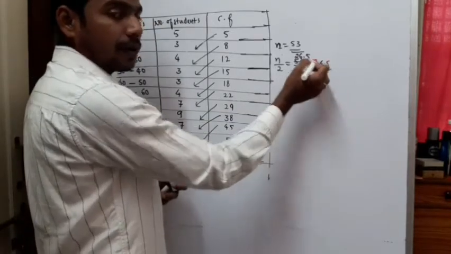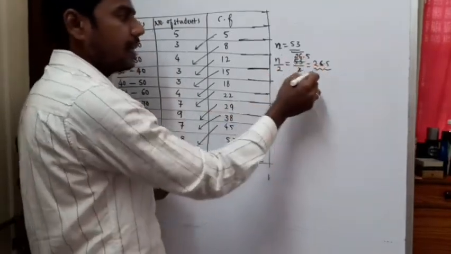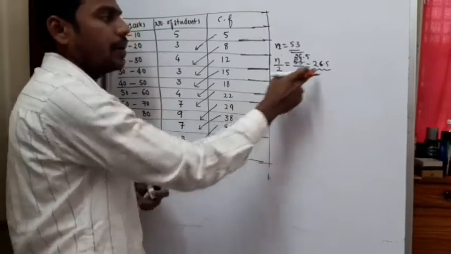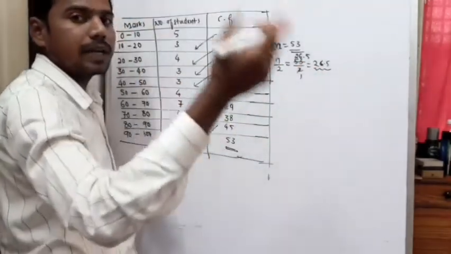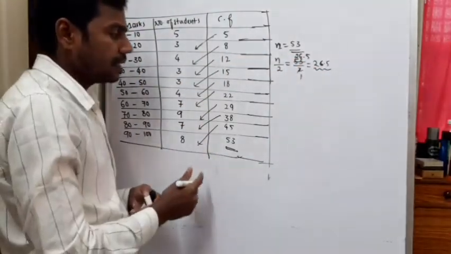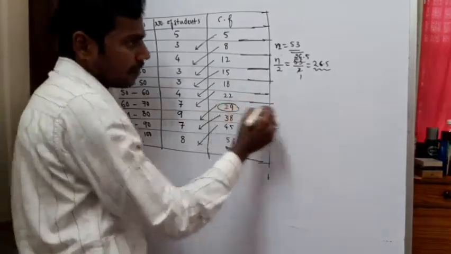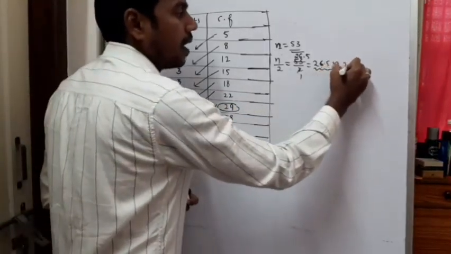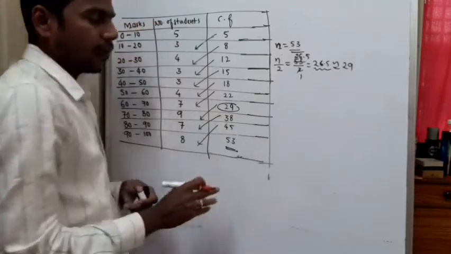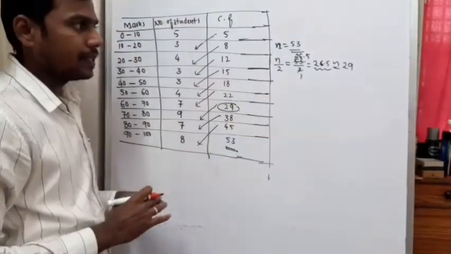That frequency should be near to 26.5 and it should be greater than 26.5. Which is that? 29 is the frequency which is near to 26.5 and greater than 26.5.